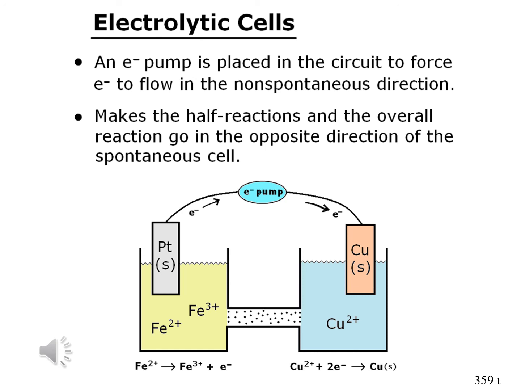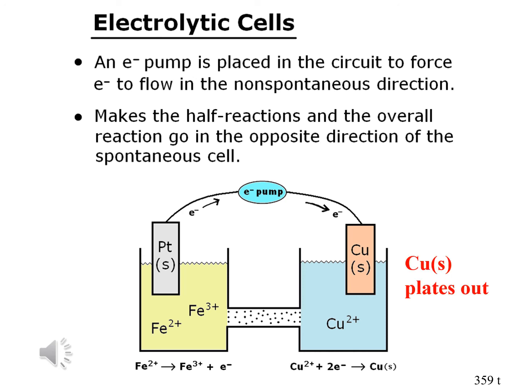And when you do that on the copper side, you're pumping electrons in, and so the copper ions in the solution pick up the electrons that are coming in, and they turn into the solid, and they stick to the bar, which is the process that's called plating out.